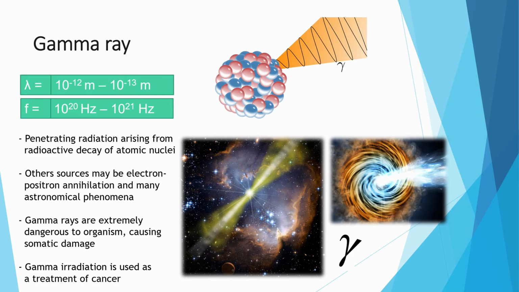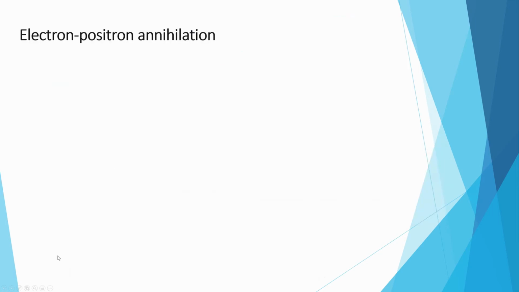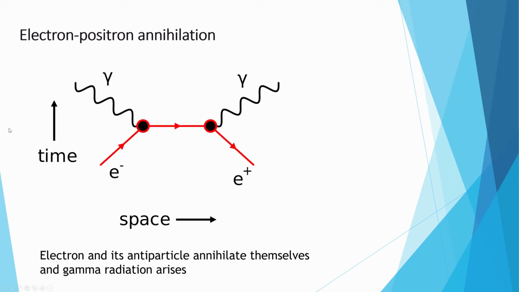Some may know the gamma irradiation. For the sake of time, it is not possible to explain the radioactive decay, but it should anyways be already known, so we are going to explain the electron-positron annihilation instead. The positron is the antiparticle of the electron, having the opposite charge, and when a particle and its antiparticle collide, they annihilate each other.